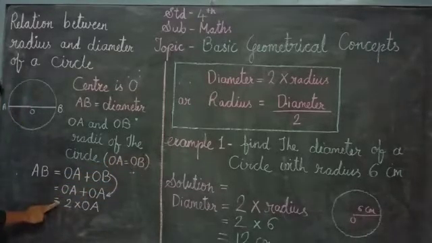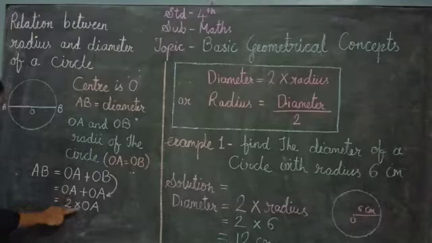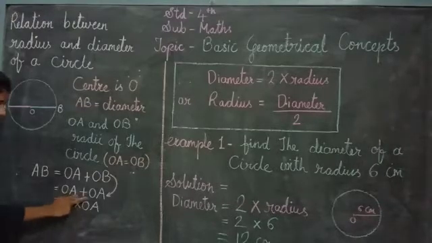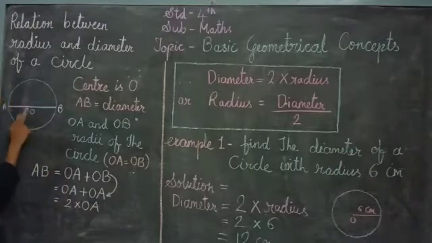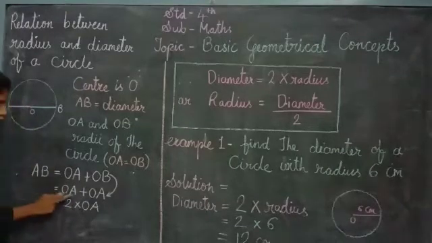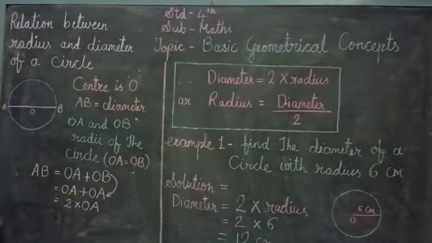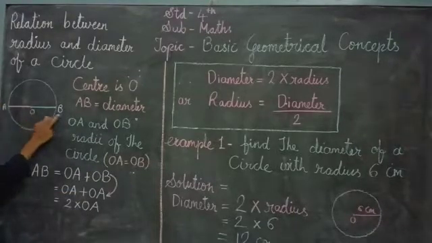Then the next step is 2 into OA, meaning twice we have to write the radius. It means 2 multiplied by OA, because OA is written twice here. Understood, children? So this OA and this OB together become AB.